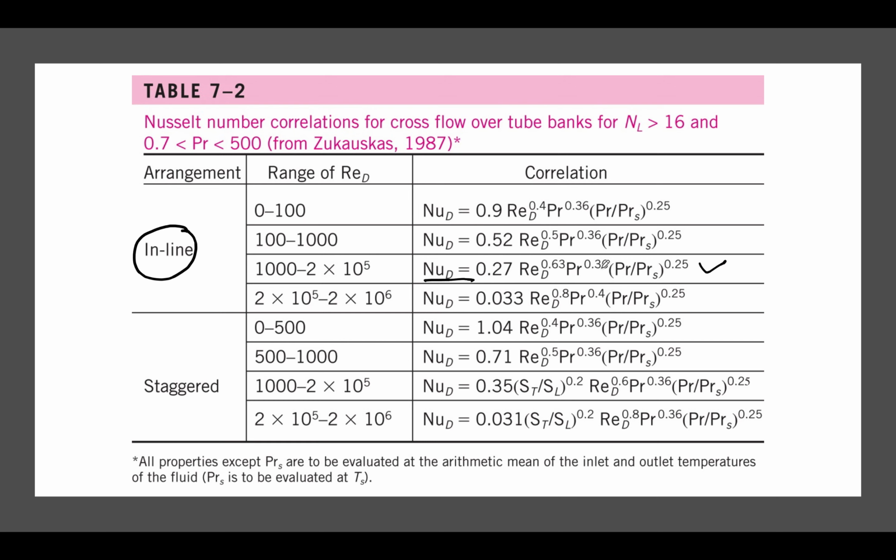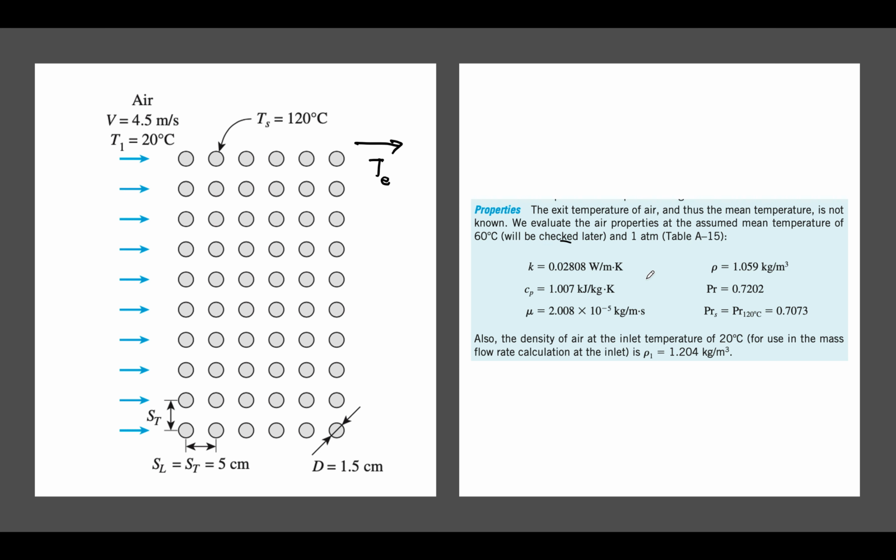So plug in all the values. As you can see here, there is a Prandtl number Ps, which is evaluated at the surface temperature, 120 degrees Celsius.